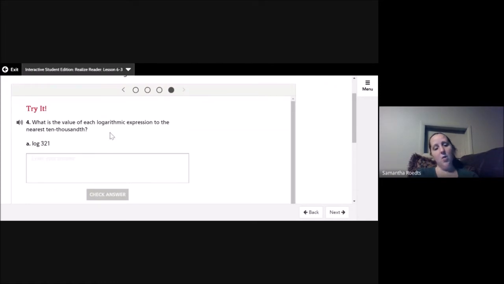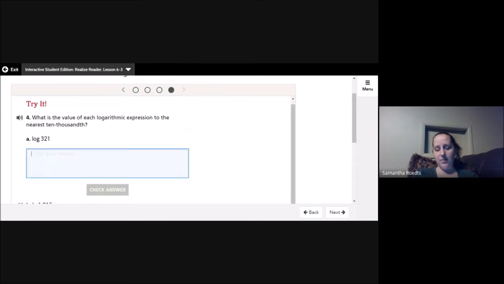So let's try it. What is the value of each logarithmic expression to the nearest 10,000ths? So log of 321 equals 2.5065.